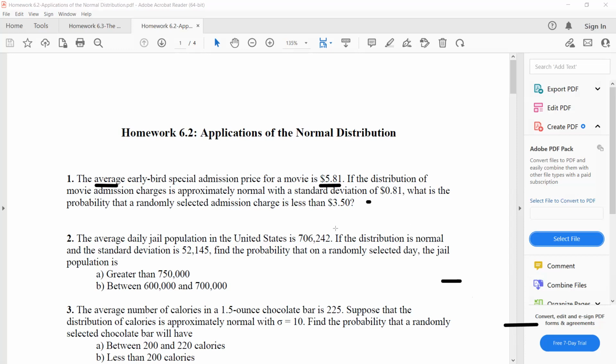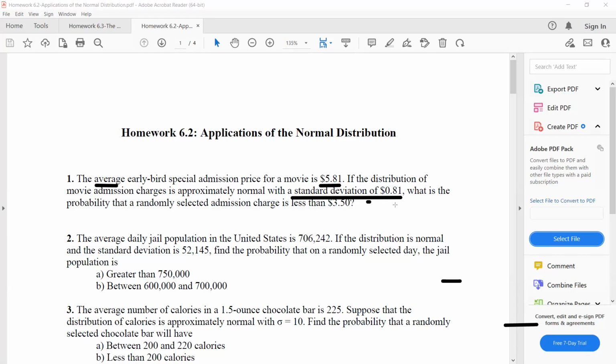Let me erase a few of these. My average is 5.81. If the distribution is approximately normal with a standard deviation of 81 cents, that's my sigma.